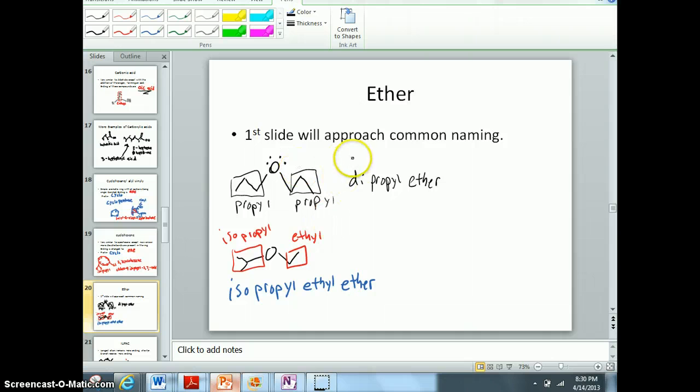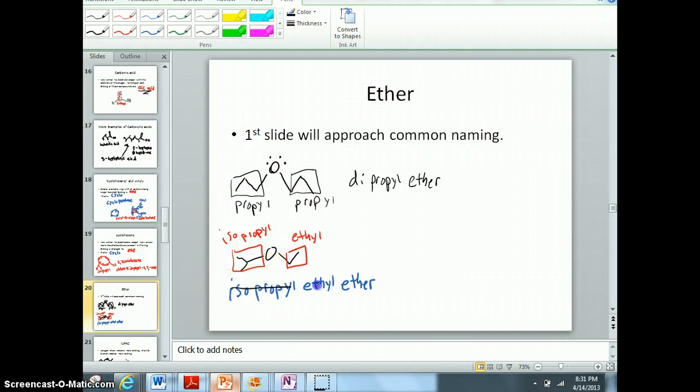So now let's take a look down here at the next one. We have a 1, 2, 3, and remember, just like the last slide, this is an isopropyl, and we have 1, 2, so it's an ethyl.